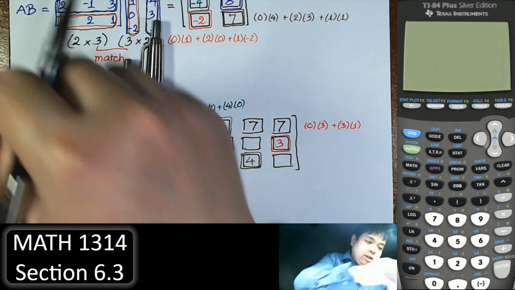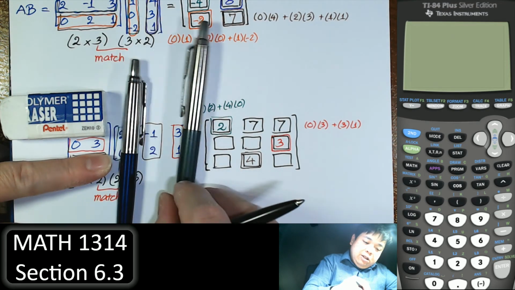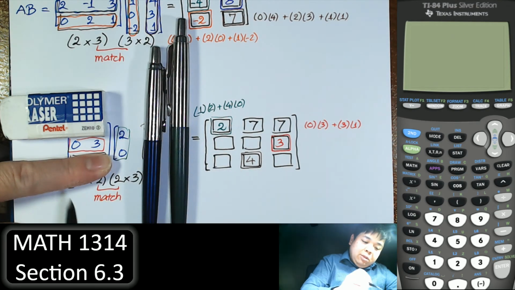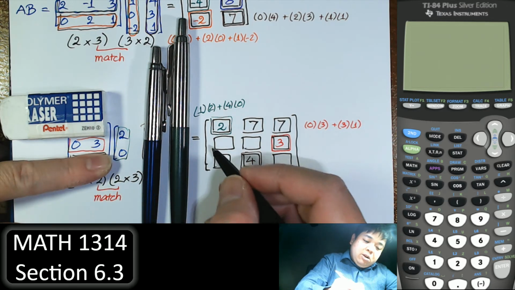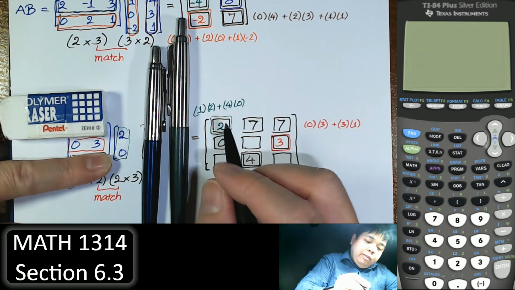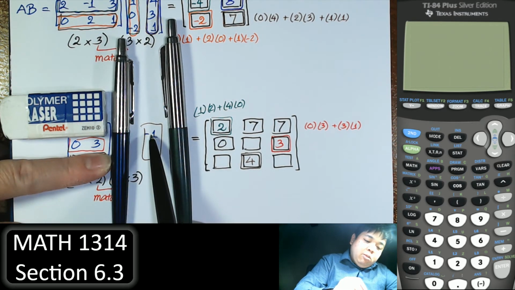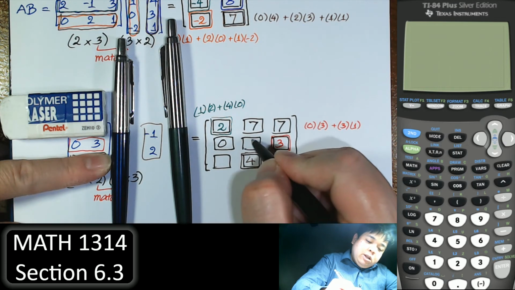Now go to the second row, first column. 0 times 2, 3 times 0, so 0, 0. Then 0 times -1 is 0, 3 times 2, 6.